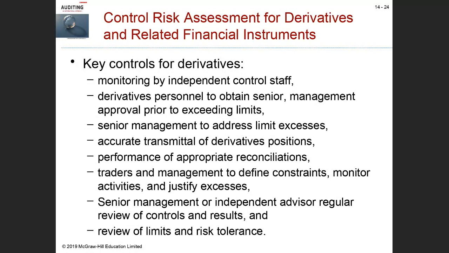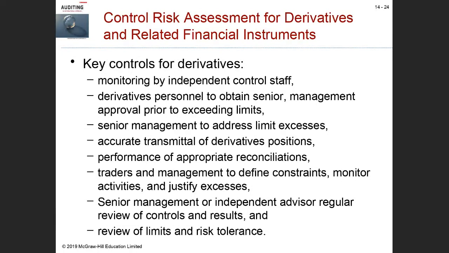The company had major losses, billions of dollars, that were not reflected in the financial statements. So, of course, coming out of that scenario, auditors and top management said we have to have better controls over derivatives if we are going to have derivatives as part of our financing structure.